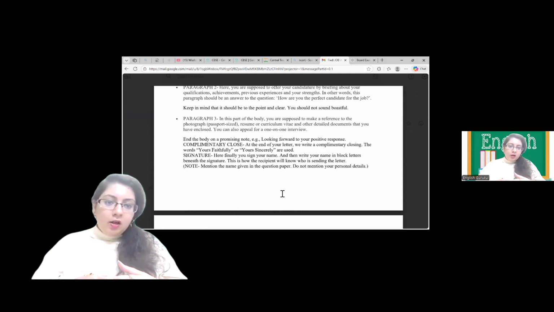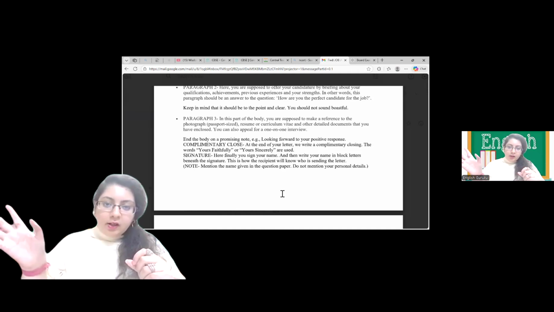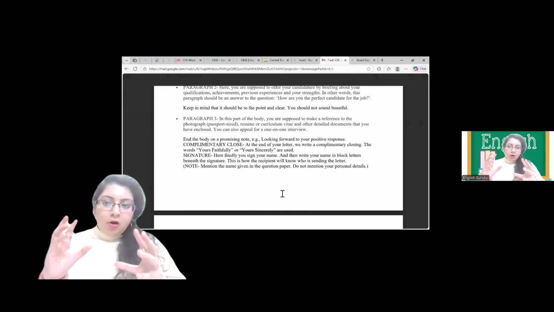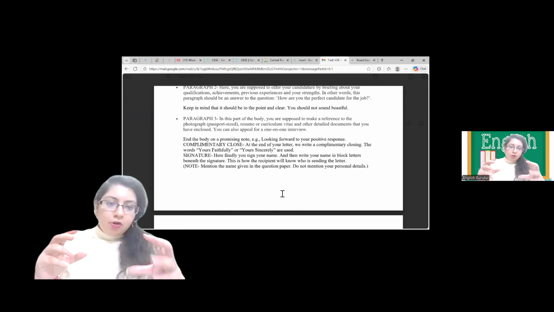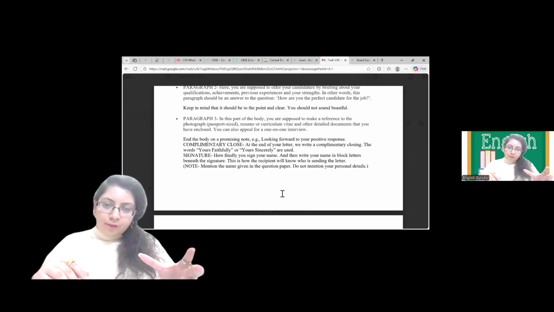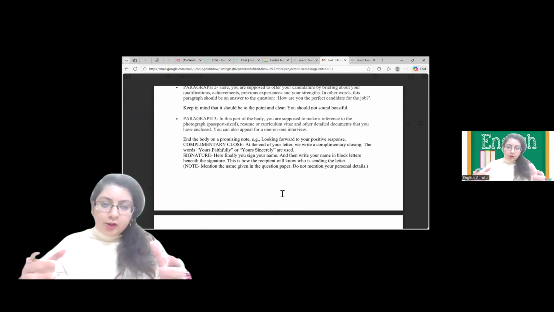All right. Then we have the signature. Basically, here you finally sign your name, right? Then write your name in block letters. Block letters means in caps, right? Note that beneath the signature, you have to mention your name in block letters.